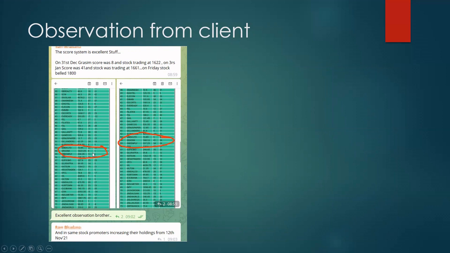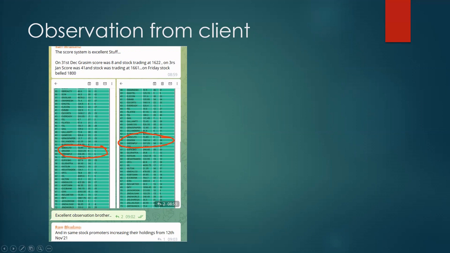When it changed to 41, look at the price: the price went to 1661. This is from one of our clients, and on Friday the stock went to 1800. So you can make your own. And this is an email alert. If you have any favorite scans, you will automatically get these emails.